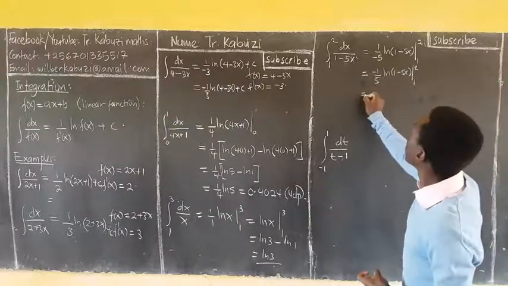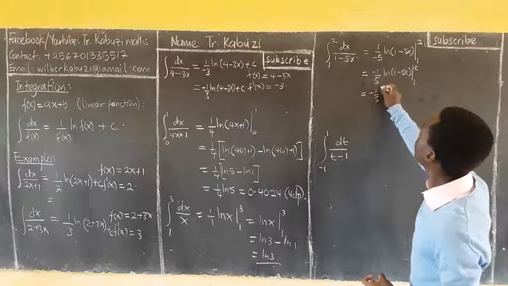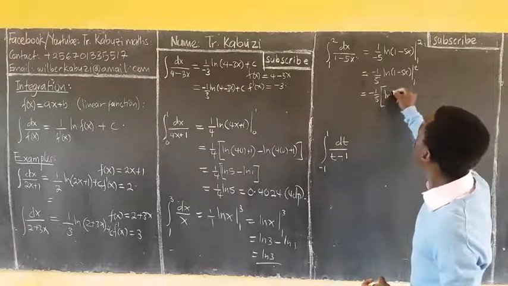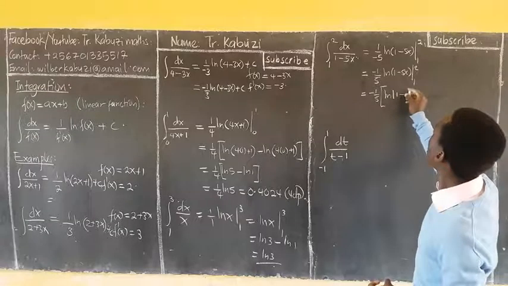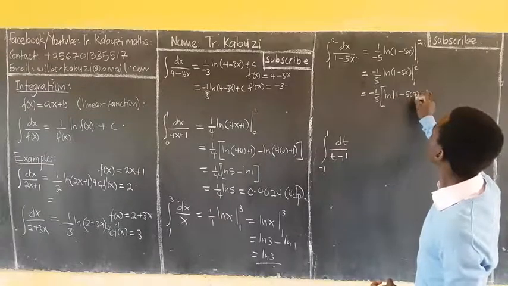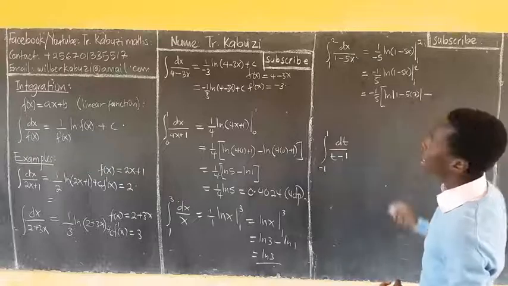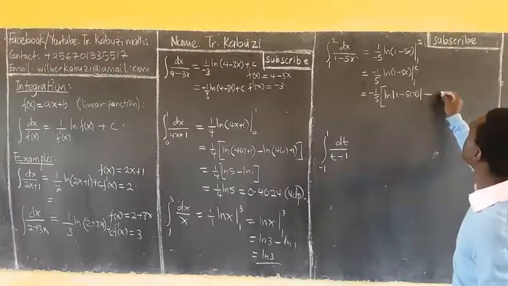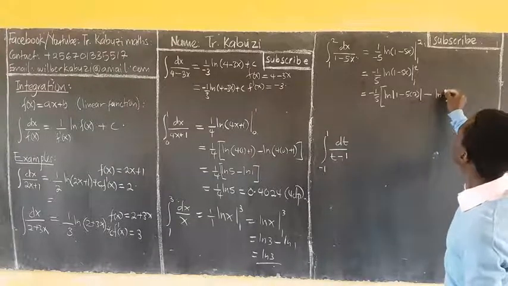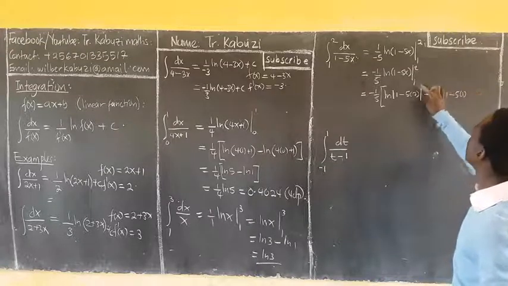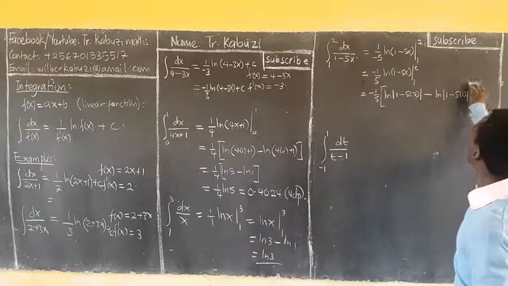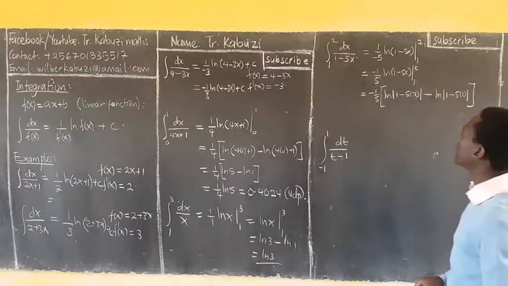So this will now be negative 1 over 5 into natural log of modulus of 1 minus 5 into 2, then minus, when you put in the lower limit, natural log of modulus of 1 minus 5 into 1, where there is x, we put the upper limit and the lower limit.